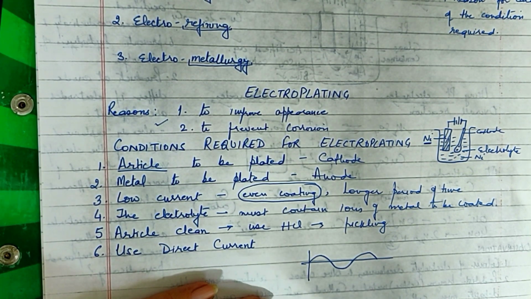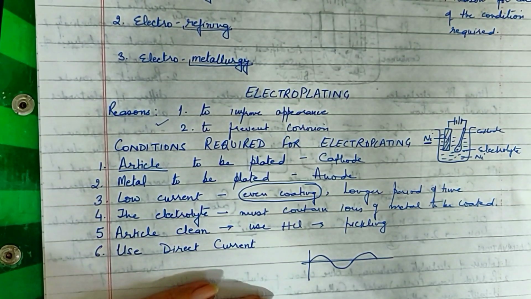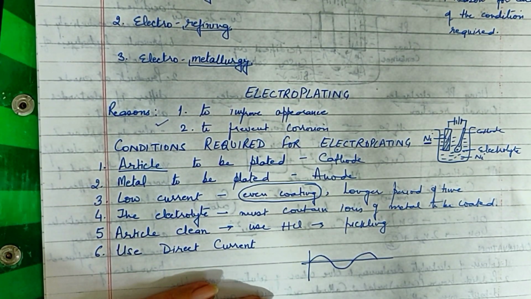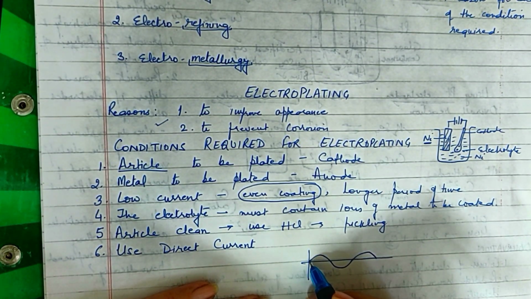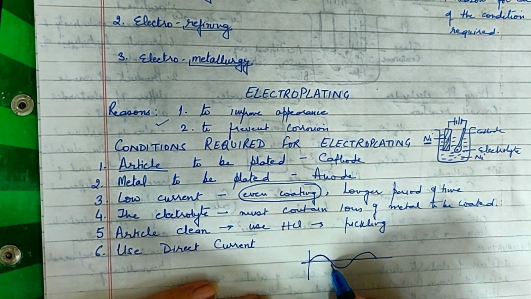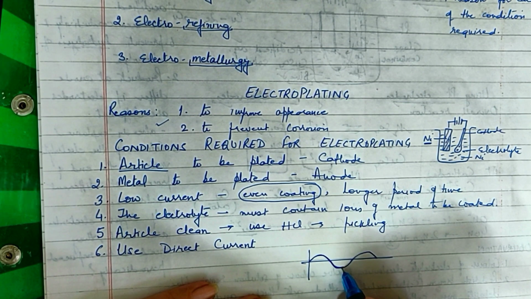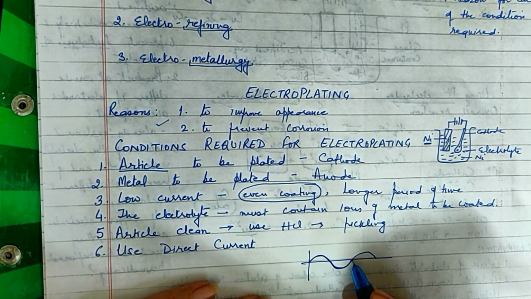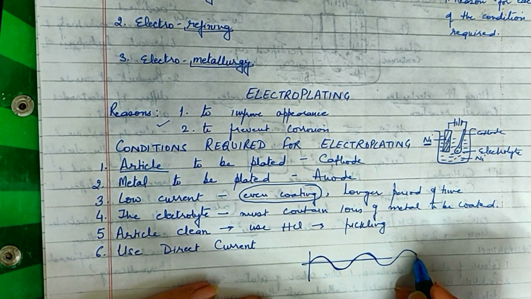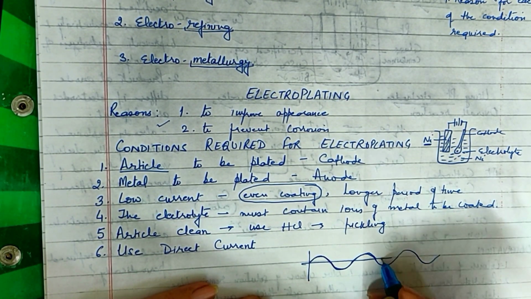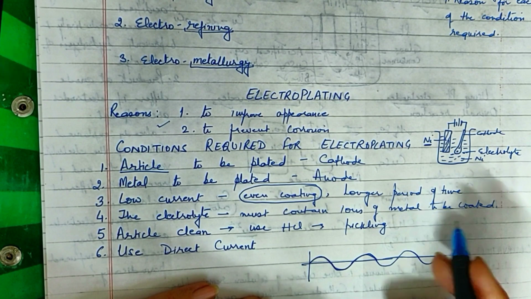What I mean to say is that if you want to plate something, you cannot just plug it into the electric board of your house, because in our houses the current coming is alternating current. So what will happen is that the coating will take place, and during the remaining half of the cycle, whatever coating has been done will again come back into the electrolyte. So coating done, coating undone, coating done and coating undone. So that means finally no coating will be done over the article.